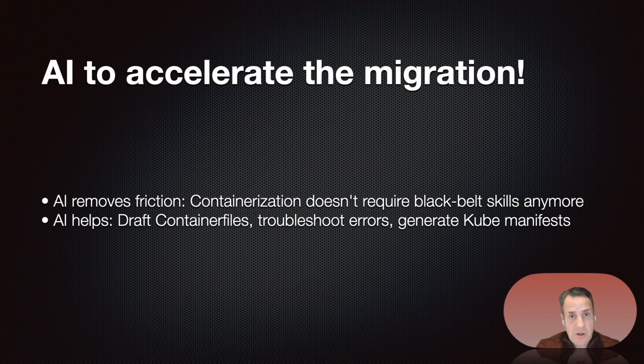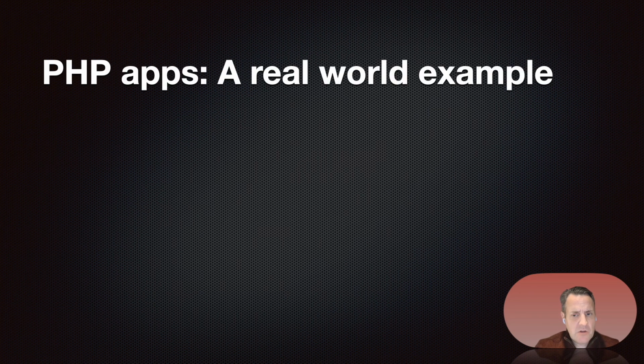I've used AI to help me draft up just a base container file, troubleshoot errors, and then, of course, generate those Kubernetes OpenShift manifests so that I can quickly deploy, and help me troubleshoot any errors for something I might have missed. It is absolutely wonderful. So let's get into a real world example.